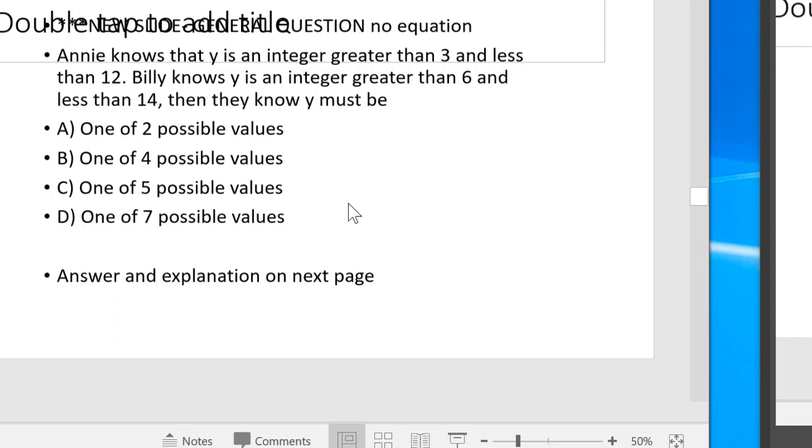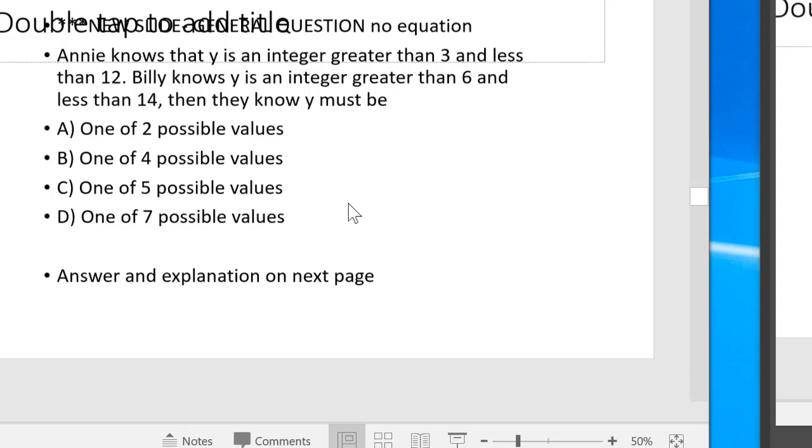Billy knows that y is an integer greater than 6 and less than 14. Then they know y must be what?